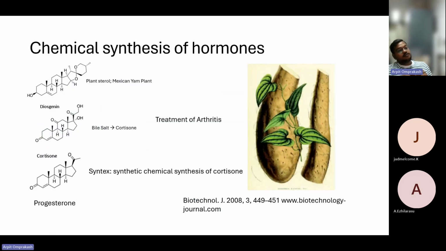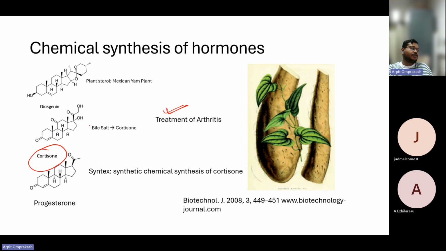Towards the end, we talked about chemical synthesis of hormones. We talked about how this hormone called cortisone was known to be a good treatment for arthritis. In olden times, if you had arthritis, you were unable to walk or move your hands and joints in the beginning, and then after having this medicine, you can walk and have reduced pain in your joints and so on.